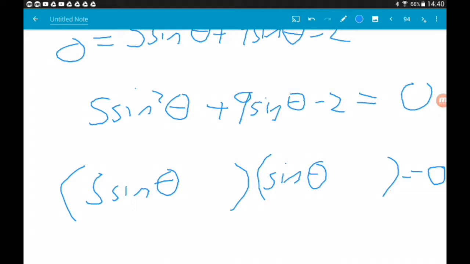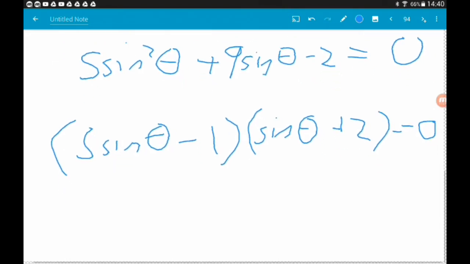So, to get the plus 9 sine theta in the middle, we're going to have sine theta plus 2. Now that 2 multiplies 5 sine theta to give us 10 sine theta, and then if we stick a minus 1 in there, minus sine theta, or 10 sine theta minus sine theta, leaves us with positive 9 sine theta as we need it to.